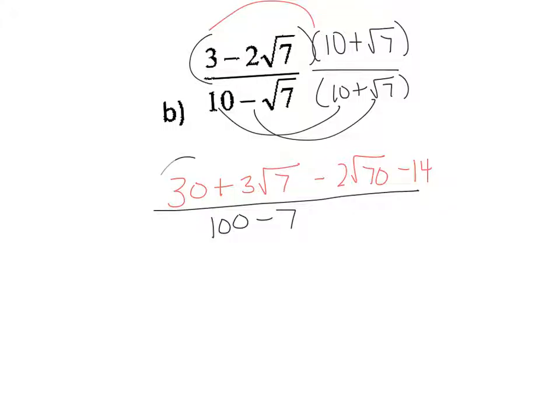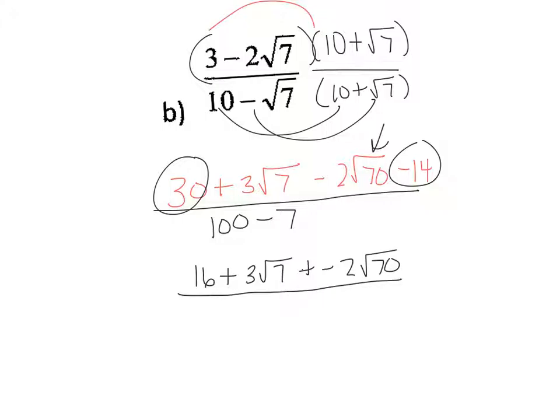So now I combine 30 minus 14 is 16. And then I want to make sure that I can't break down root 70 any further. Are there any doubles in there? No, there's not. So I write 16 plus 3 root 7, plus negative 2 root 70, all over 93. And I really can't reduce these. I could reduce 3 over 93, but if more reduced, then I would break it down.